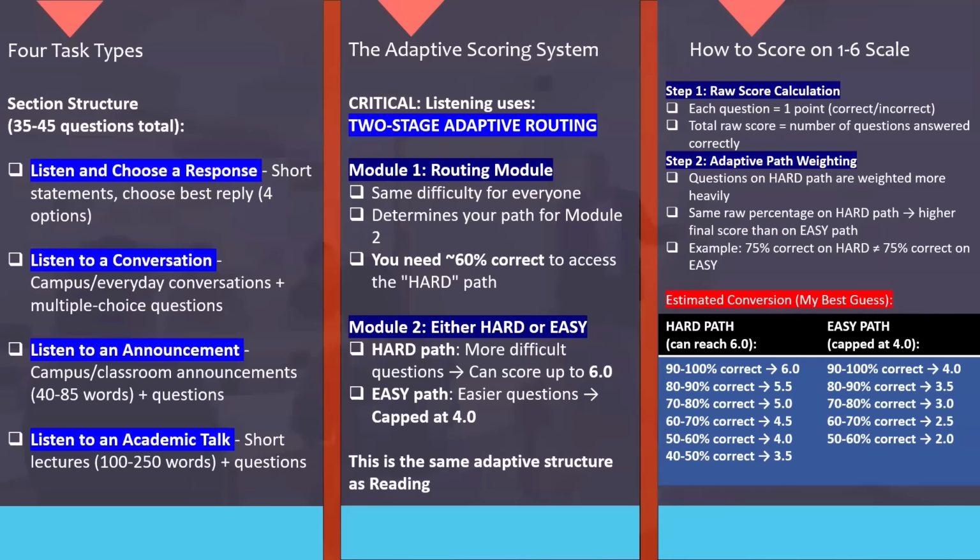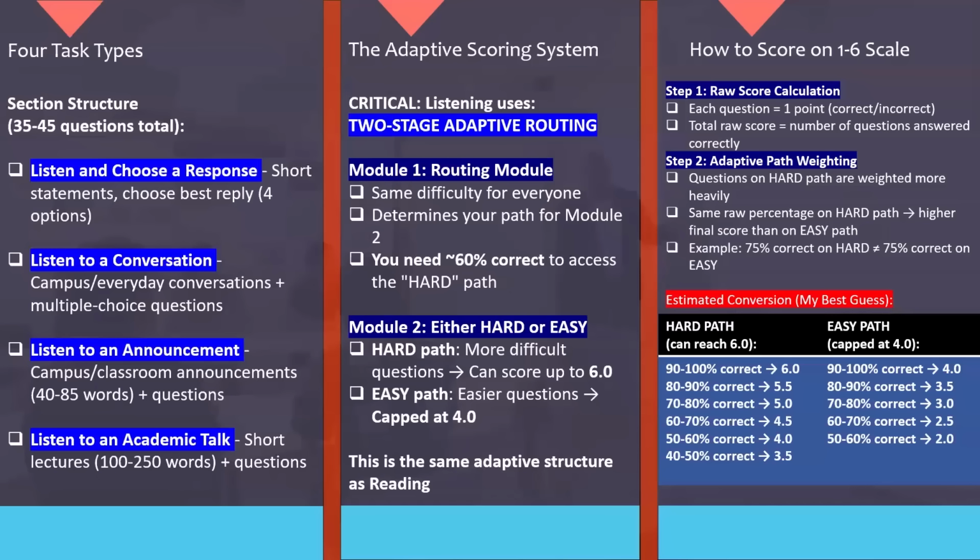Maybe, I'm assuming, a lot of times the more difficult questions weigh more than the easier questions. Probably the academic talk questions may have more weight than the listen and choose a response questions, but they don't publish that. So what you see on the right hand side is really the best estimate of how scoring works and how you can kind of figure out where you're going.